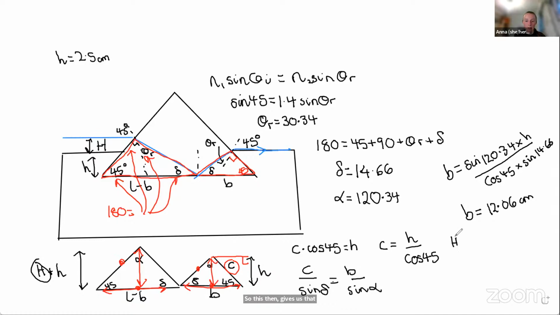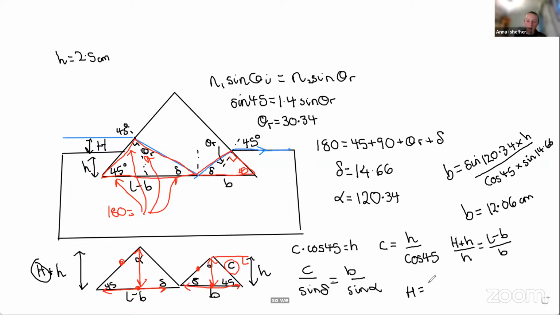So this then gives us that H plus h over little h, so the height of the big one over the height of the little one, is equal to the length of the big one over the length of the little one. And so we'll rearrange this. Slightly running out of room, but hopefully we'll make it.